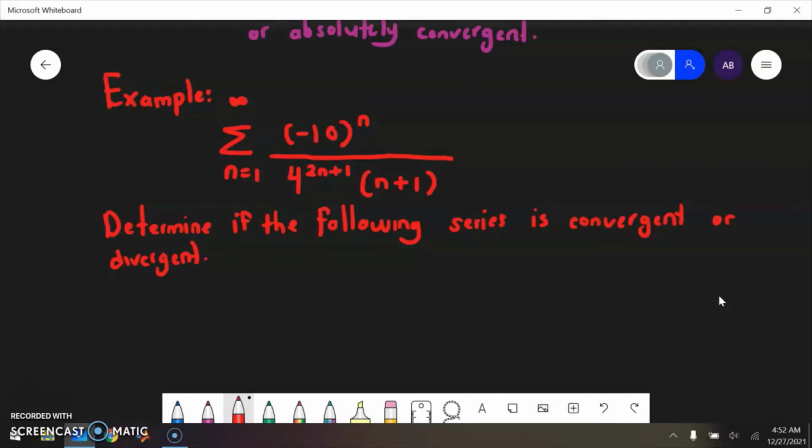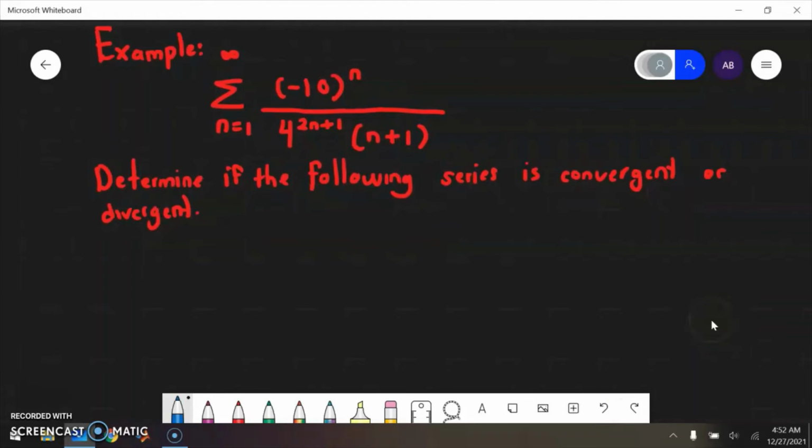But I'm going to show you that you can do this easily by using the ratio test. Don't forget to mention "by the ratio test" so that I know what test you're using.